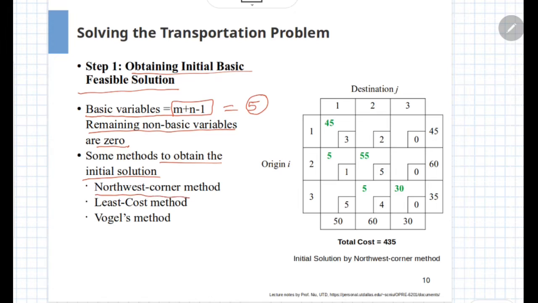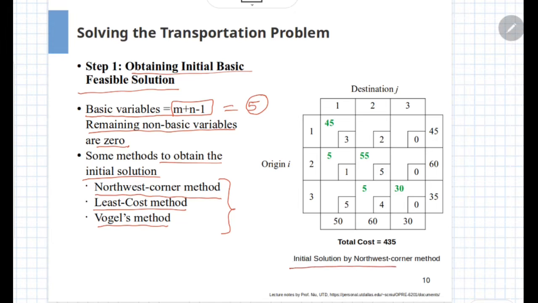Some of them are the northwest corner method, least cost method, and Vogel's method. All these three methods are described in the accompanying handout supplied with this session. In this course, we are not going into details of how to solve the transportation problem. Those of you who are interested in more details can go through the handouts.